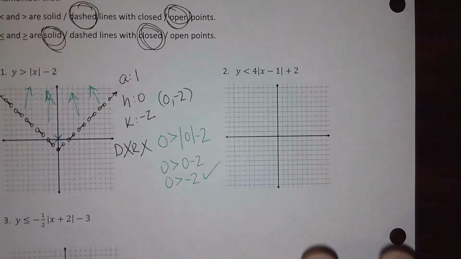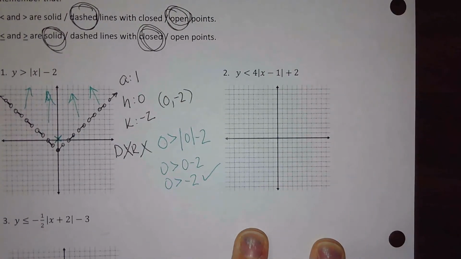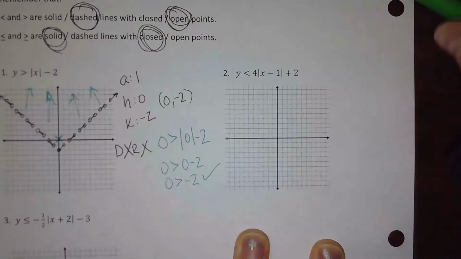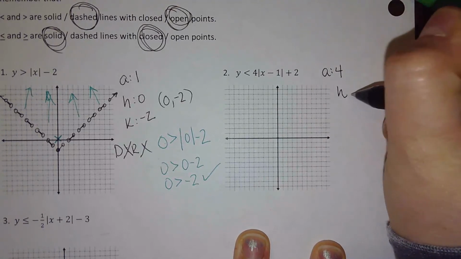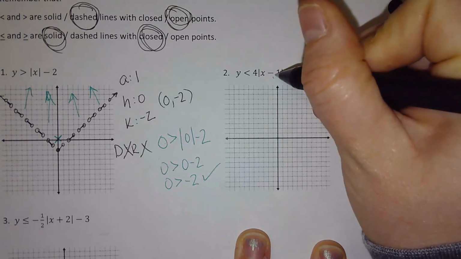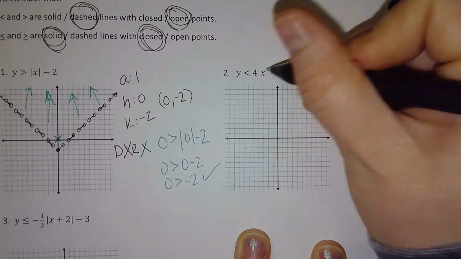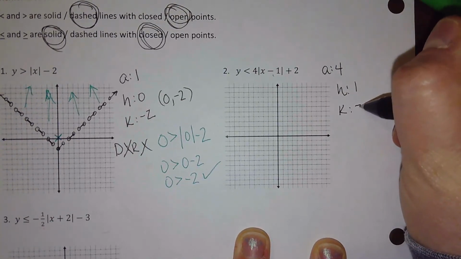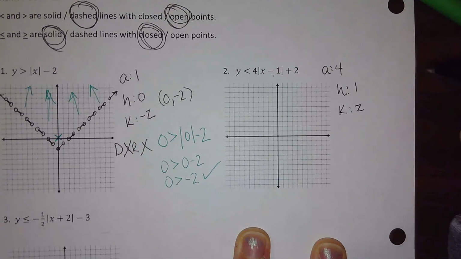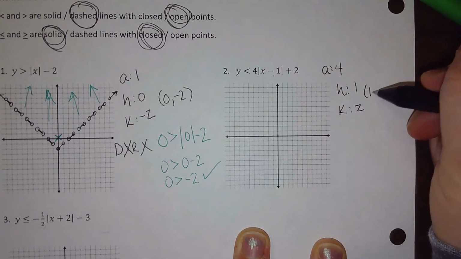So on this next graph, what we have is an A value of 4, an H value, which is the opposite of what we see, once again, minusing 1 from x is 1, and a K value of 2. So my start point is going to be 1, 2.